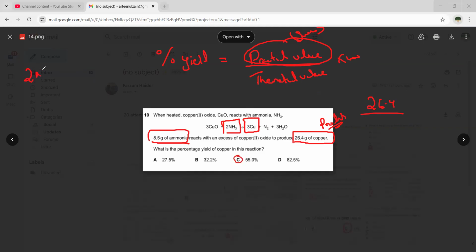What is the total mass of two molecules of ammonia? It is 34. And what is the total mass of three atoms of copper? It is 192. So if 34 should give 192, 8.5 will give us X. When we cross multiply, we get 48. So according to the equation, I should get 48 grams with this 8.5. If there is no loss, then we should get 48 grams of product.